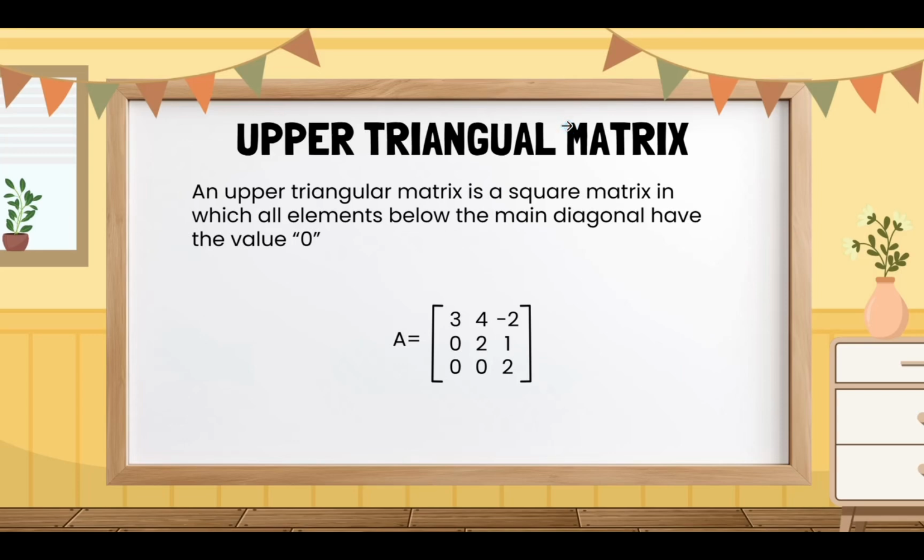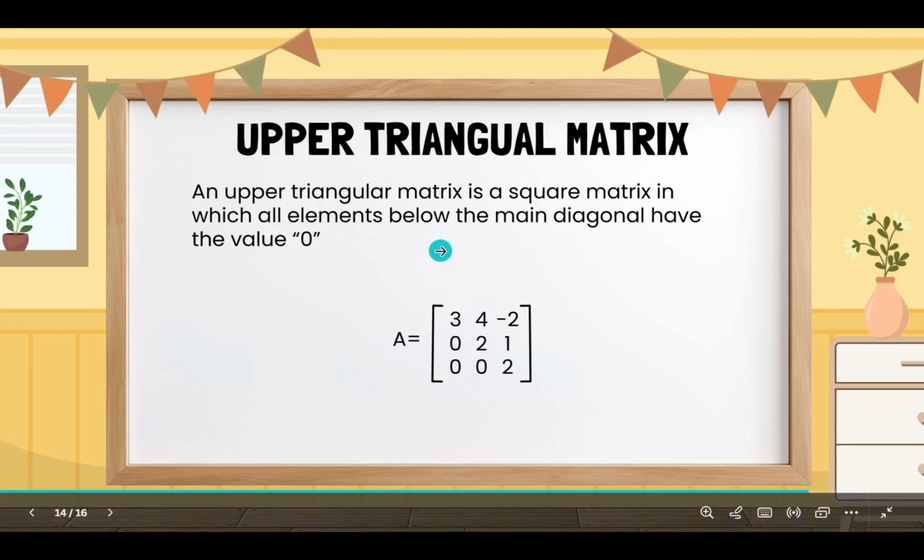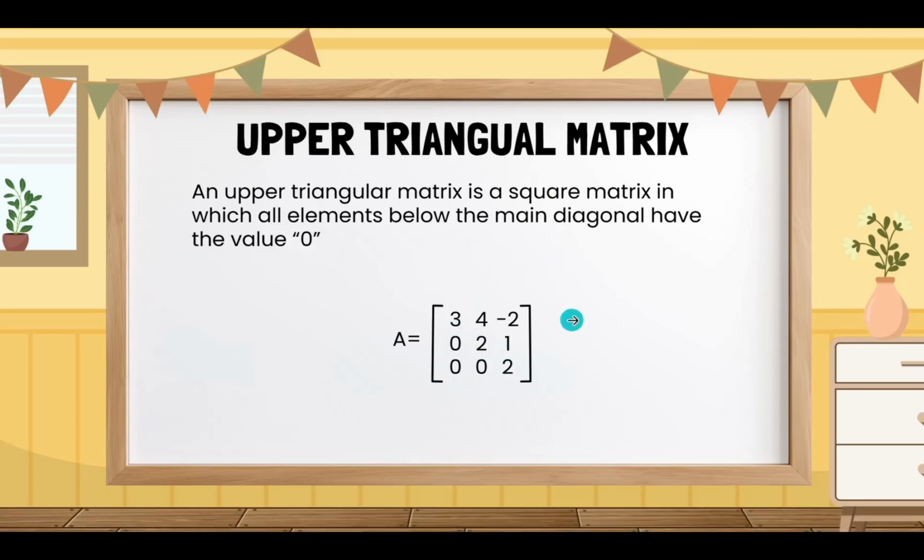Next, we have the upper triangular matrix. An upper triangular matrix is a square matrix in which all elements below the main diagonal have the value of 0. We already know that the main diagonal is here, like the 3, 2, 2. So below these numbers needs to be all equal to 0 for it to be an upper triangular matrix.